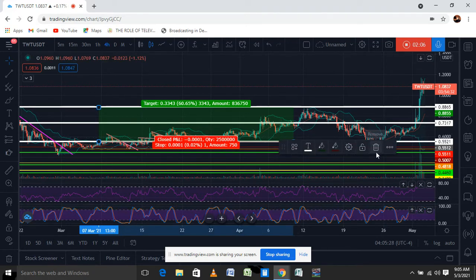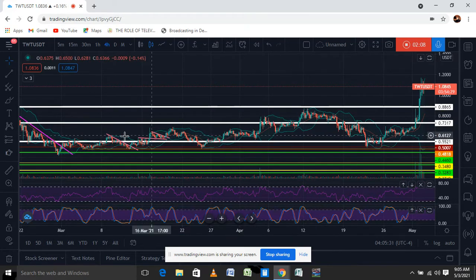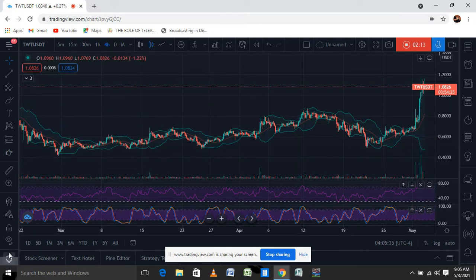Let's clear the whole drawings. Yeah, I think we can start from here. Let's take this one out too. The stochastic RSI and the RSI, we won't be needing them for this particular lesson, although we'll talk about them in our subsequent lessons.